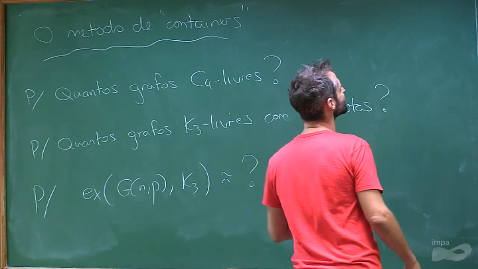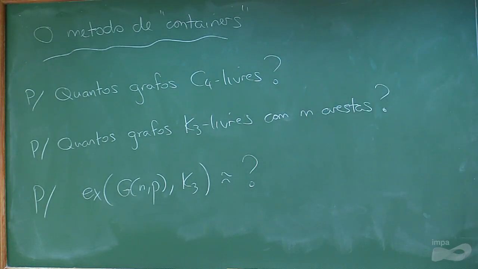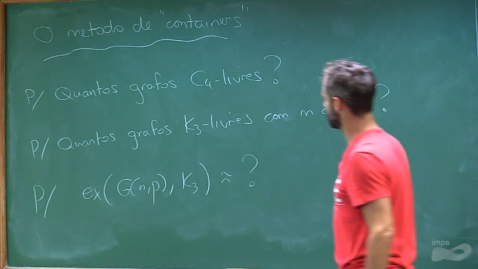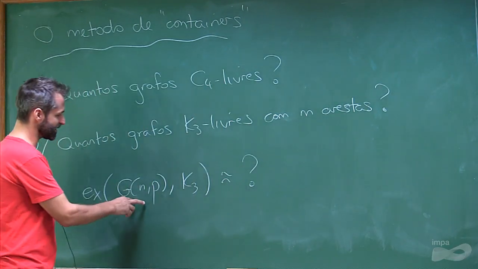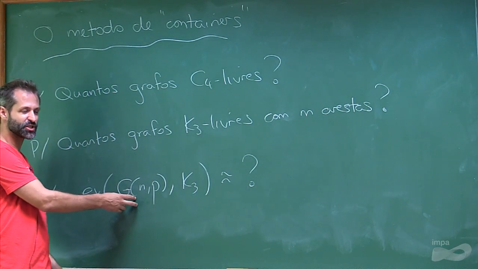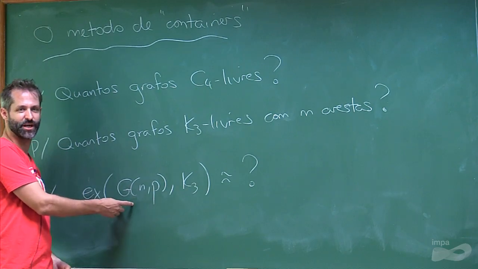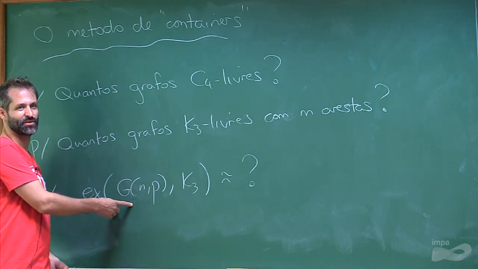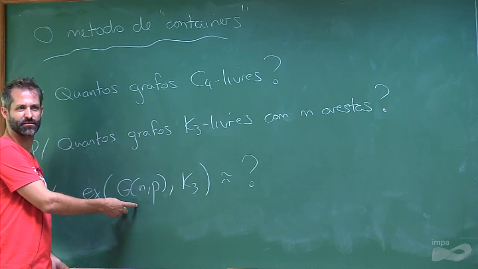You might want to ask, does G(n,p) arrow a triangle? So what do these things mean? This is just the number of edges in the largest triangle-free subgraph of G(n,p). We already discussed this at some point.